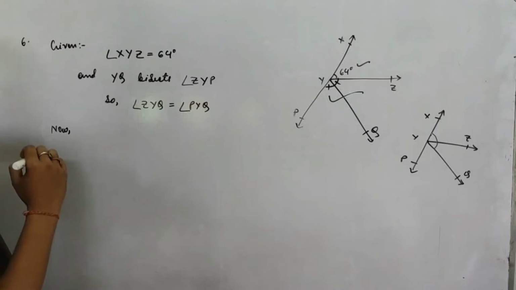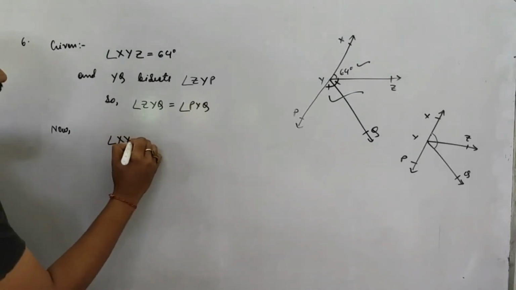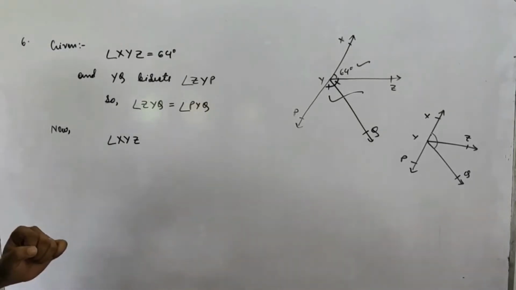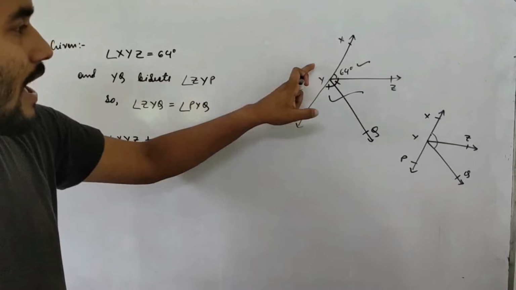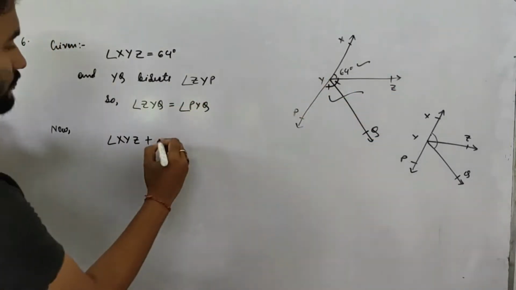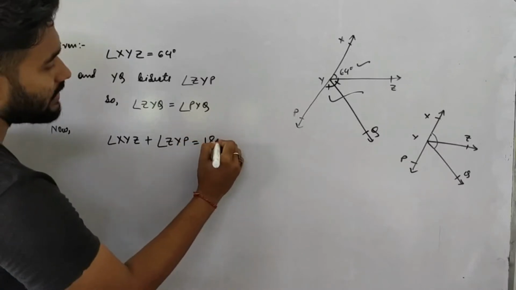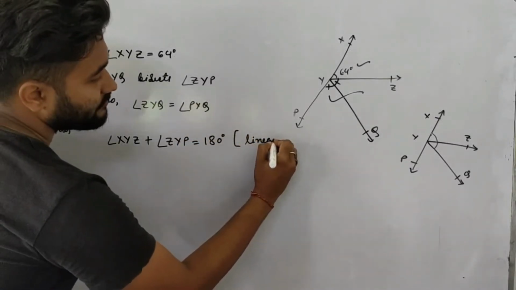So I can say now angle XYZ plus angle ZYP, this complete one, will be equal to 180 degree. Reason is linear pair.